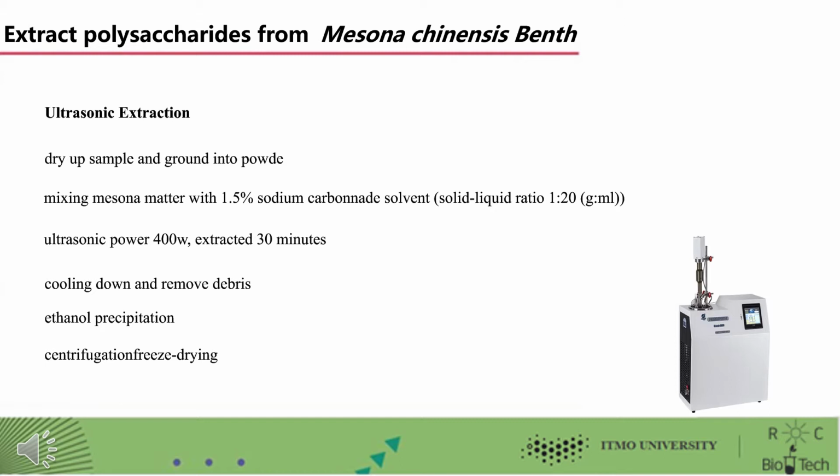The dry Mesona Chinensis Benth powder was weighed and heated in 1.5% sodium carbonate solution, and the ultrasound was inserted into the solution of the reaction vessel to extract the Mesona Chinensis Benth polysaccharide by using ultrasound at a certain frequency on the herbal tissues.